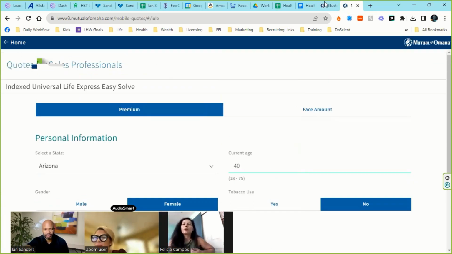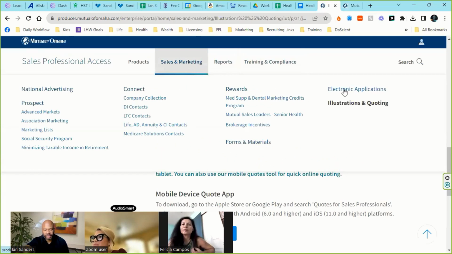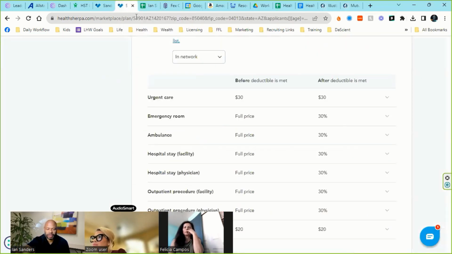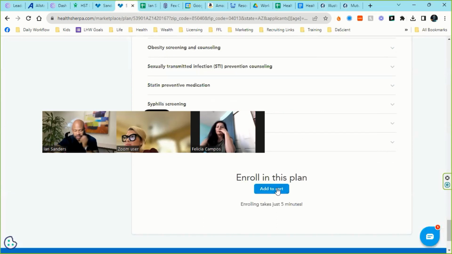Oh, sorry, wrong thing. All right, so we just go here and then electronic applications, and then we go through each individual process for them. And then you also go through the Sherpa. This is pretty easy. You can also scroll to the bottom and then you just hit add to cart and then you go through and fill those out.